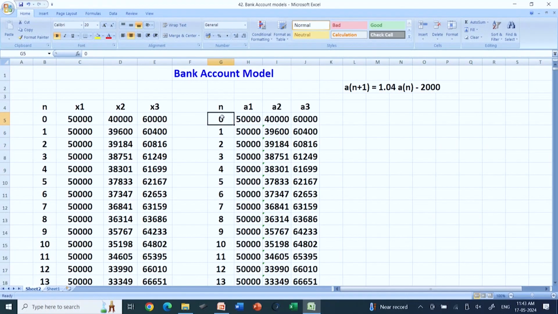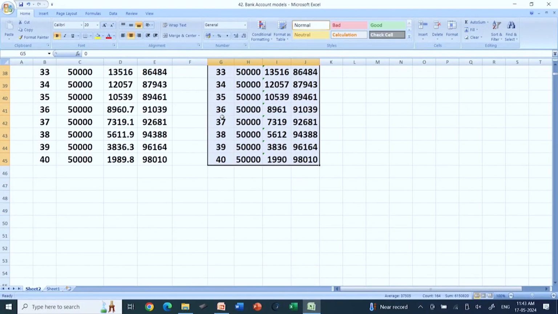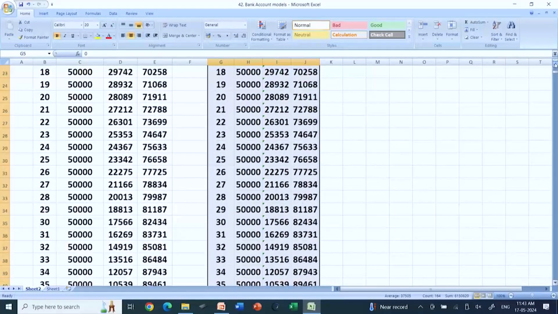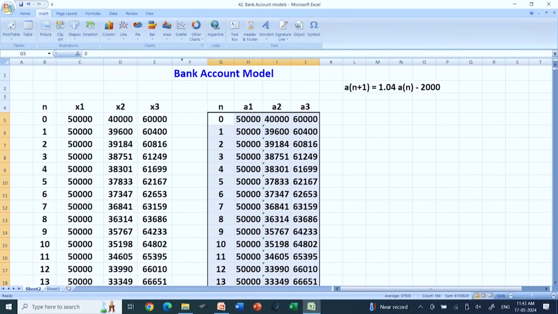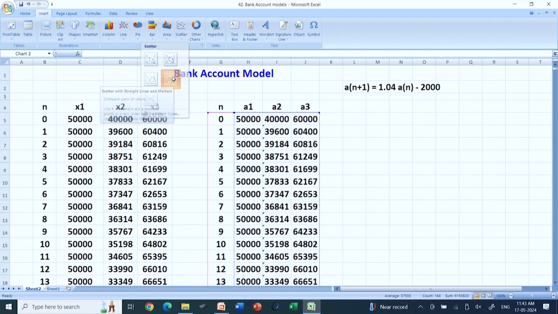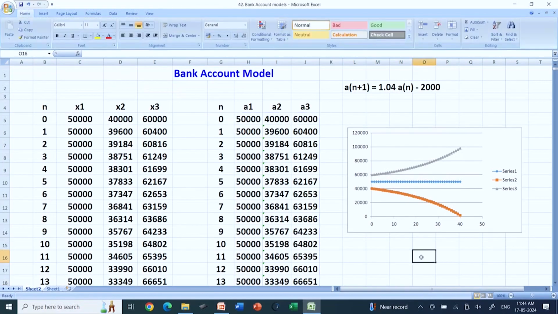So, now let us plot and see what you get. Go to insert, go to scatter diagram and choose this one. So, you get something like this. Okay. So, let me now explain it from the slides.